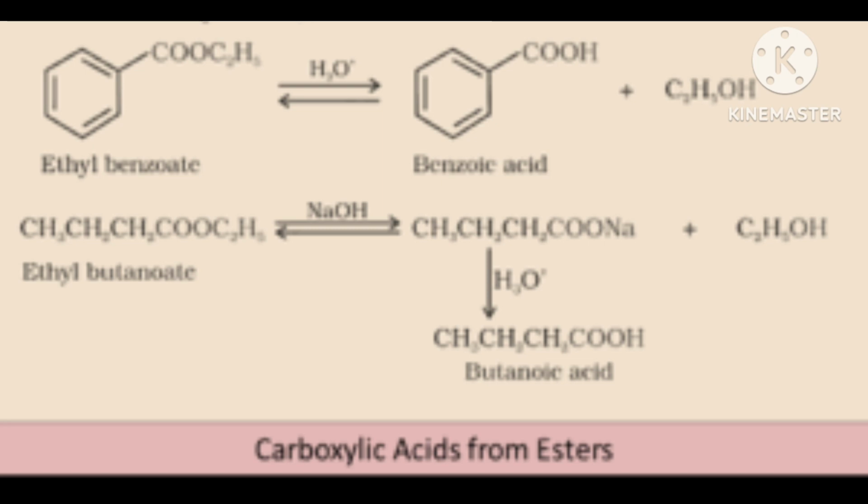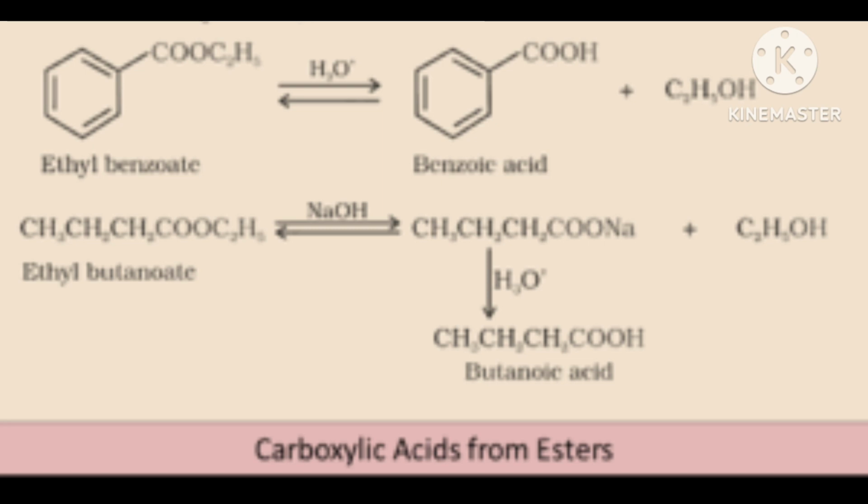Then again that double bond will break, oxygen will become negative, then H will join there. Like that you will get 2 COOH groups introduced in this cyclohexane, but the double bond is broken, the ring is broken. You will get a straight chain.